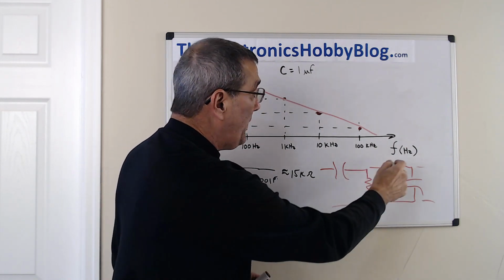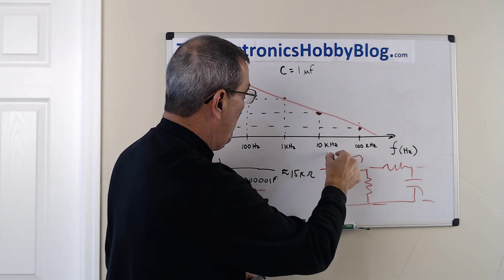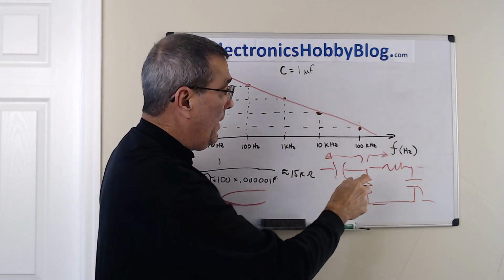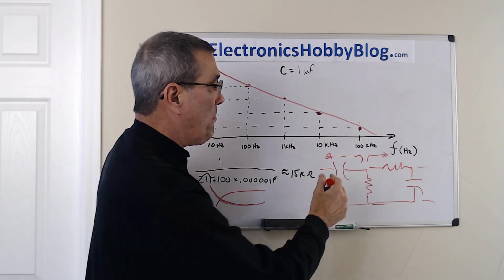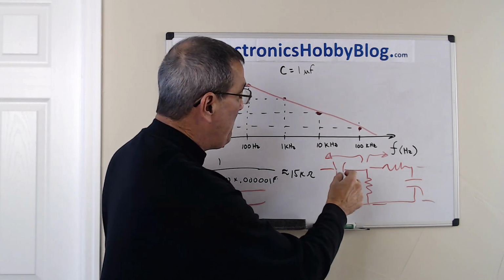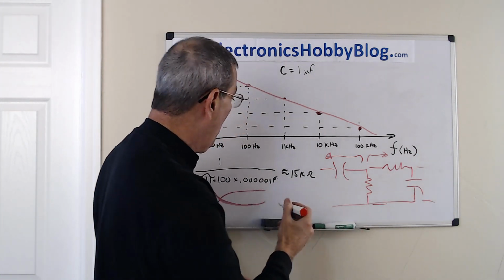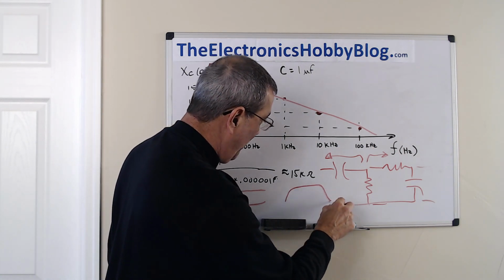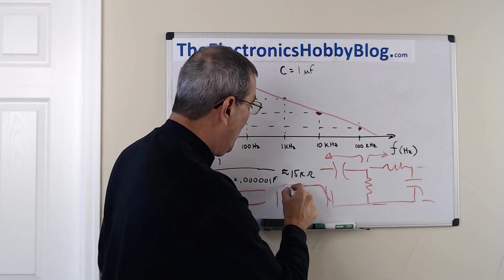And so when we put these two together, this part of the circuit, remember, is a high-pass filter. This part of the circuit is a low-pass filter. It passes low frequencies and blocks high frequencies. And by setting the value of these components appropriately, we can actually create what's called a band-pass filter, which will pass only a band of frequency.